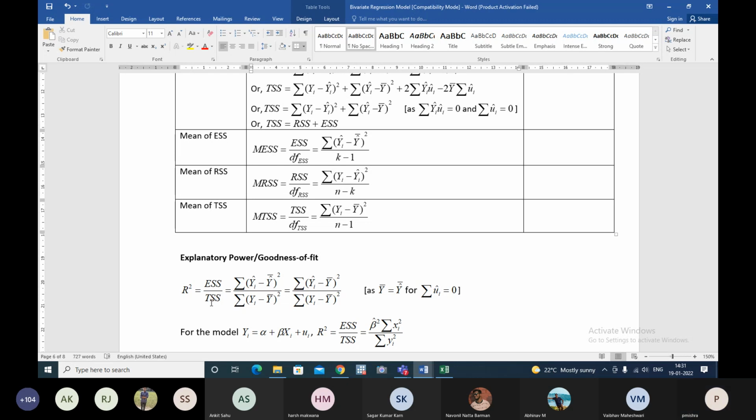I told you that neither can a very high value of R square reflect that this is the best model, nor can we necessarily discard a model where the value of R square is very low. There are many issues that we need to discuss.